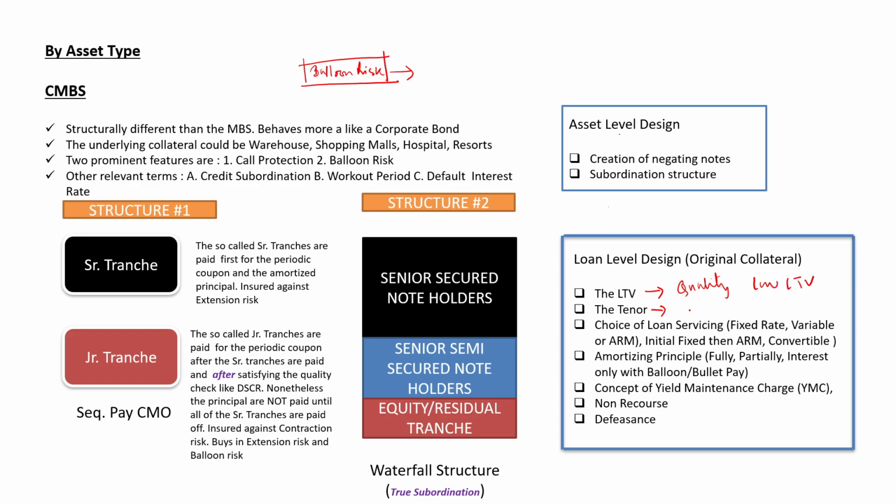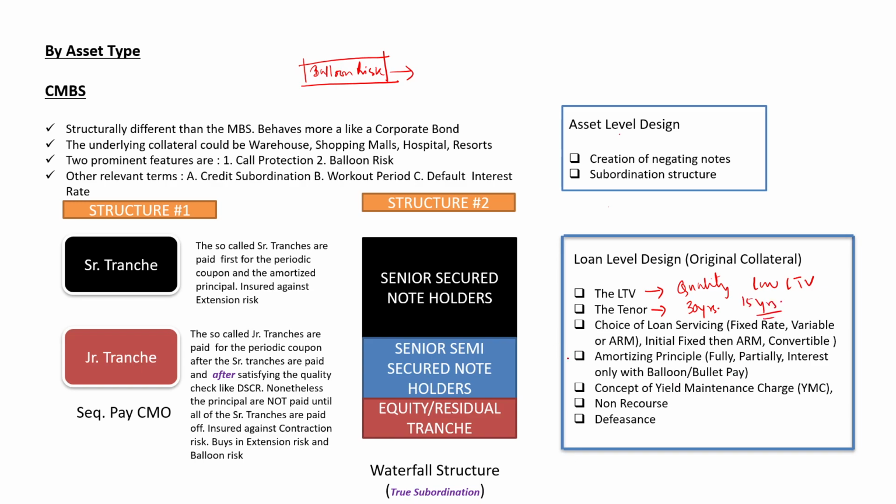Secondly, the tenor themselves. So all else equal, a shorter tenor would, of course, remove the uncertainty and the risk associated with it. So a loan tenor of 30 years may not be desirable as compared to a loan tenor of 15 years.